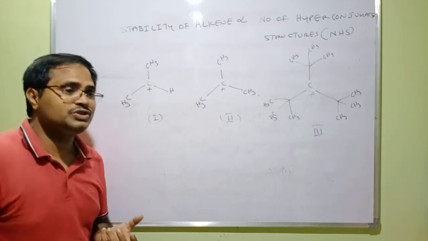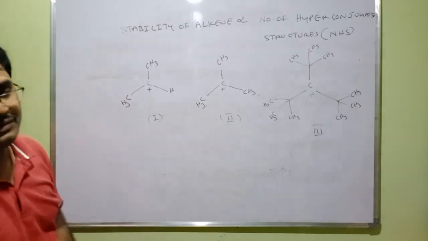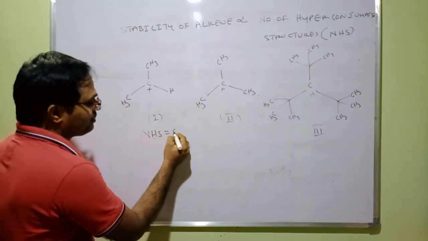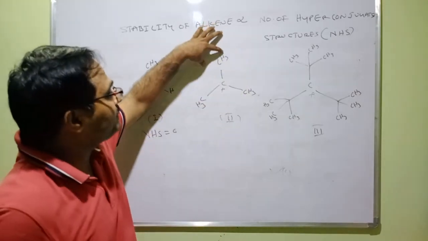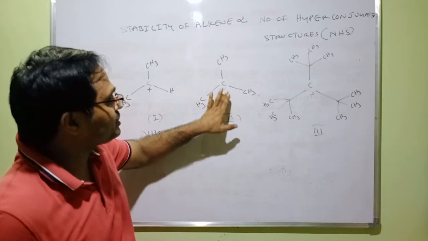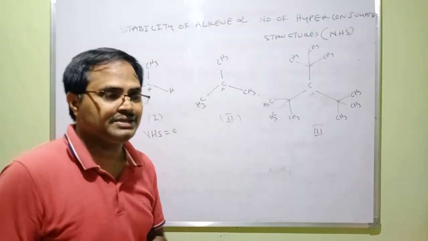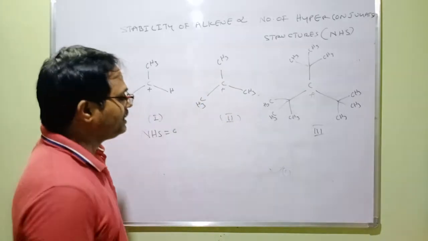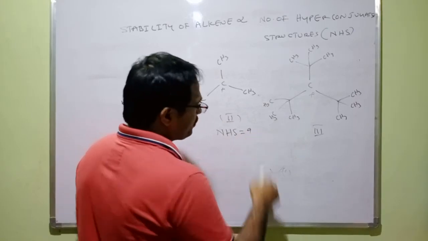Then how many hyperconjugated structures will you get? Here you have 3 CH bonds, here you have 3 CH bonds. Then the number of hyperconjugated structures equals 6. Here how many? You have 3 alpha carbons directly connected to the sp2 carbon, and each carries 3 hydrogens. Since we have 3 alpha carbons, in total 9 alpha CH bonds, so the total number of hyperconjugated structures equals 9.